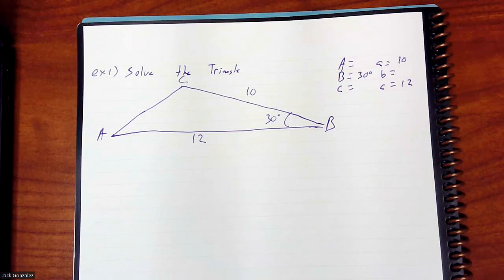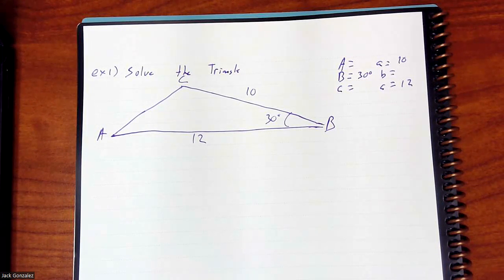So given those formulas I just gave you, what would you choose to find first? I'm not going to tell you, so what do you think? If this was a test question, how would you start? Yeah, we should find the missing side first, right?